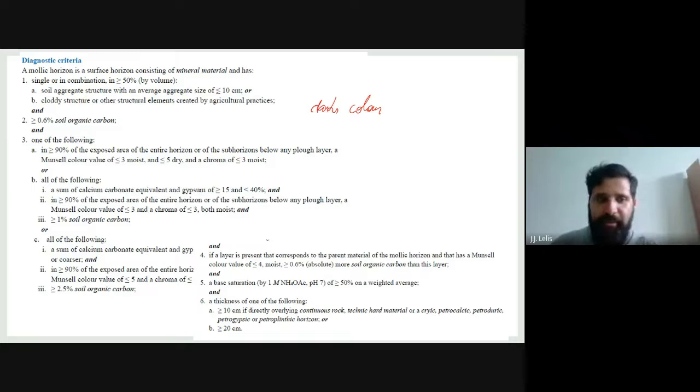I really need a high content of calcium, maybe calcite, calcium carbonate, okay? I should present a moderate or high organic carbon content. I should present a high base saturation. And I should present a higher organic carbon content when comparing to the content of the parent material.